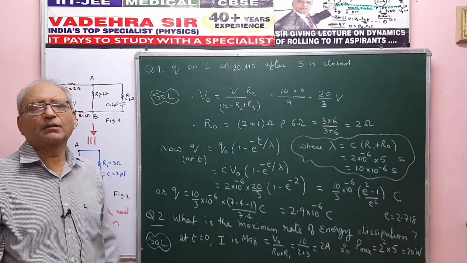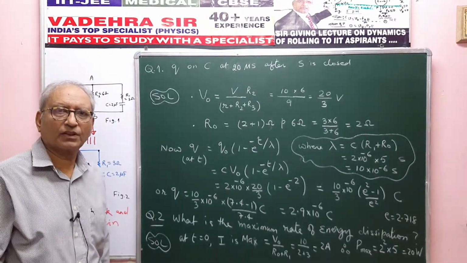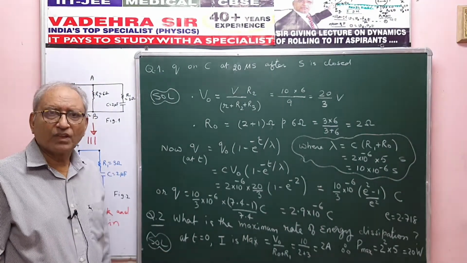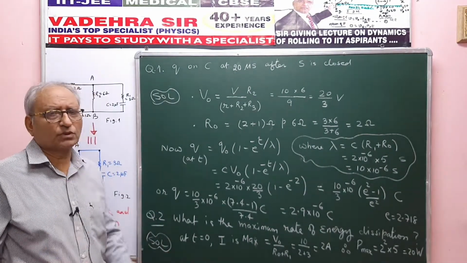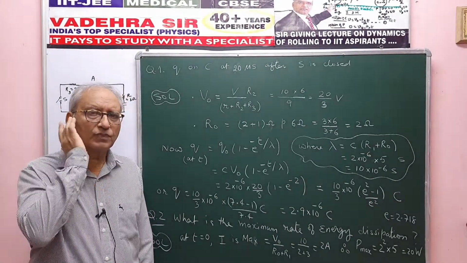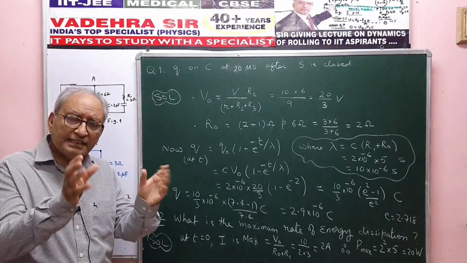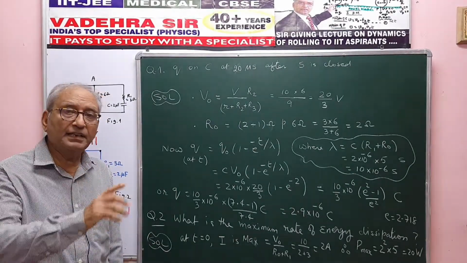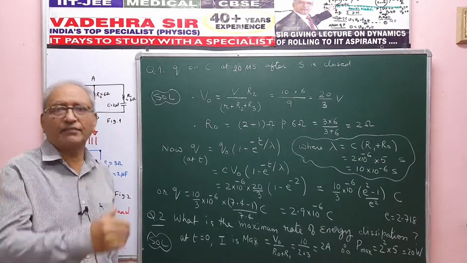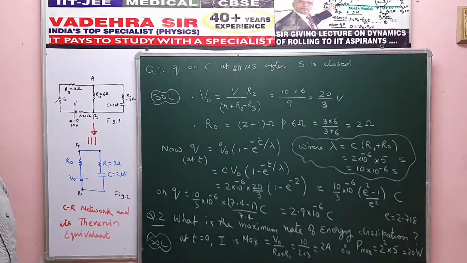And that is where I am going to use the power of Thevenin's Theorem. Thevenin's Theorem tells us that if we have a combination of EMFs and resistances between 2 points in a network, then between those 2 points, all the EMFs can be replaced by a single EMF, that is V0, having resistance capital R0 in series with it.